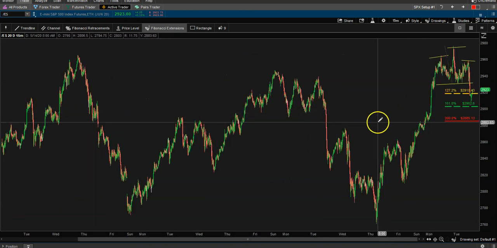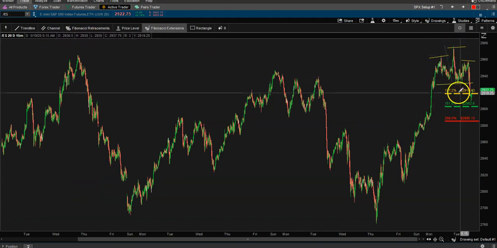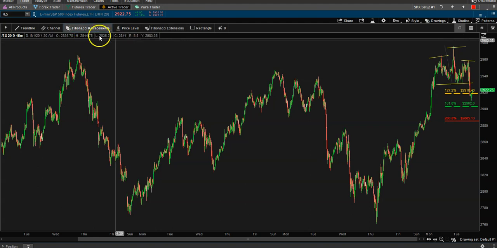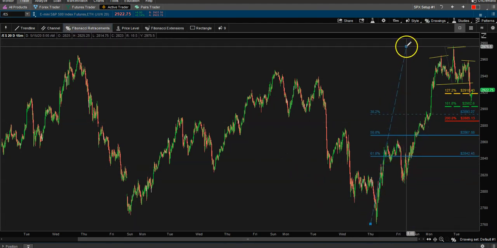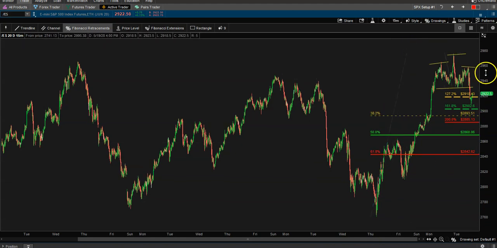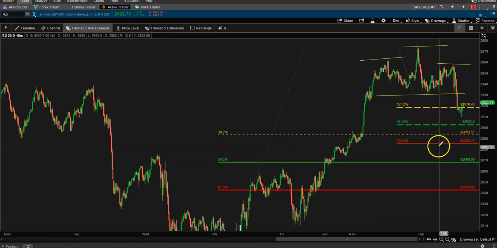Also, if we zoom out, let's now incorporate what we just did, of this pattern, with a fib retracement from this low all the way up to this high, and let's see if we get confluence anywhere, meaning do we get multiple things lining up somewhere. A little bit, not much.